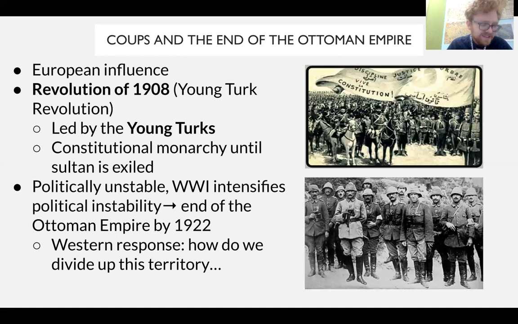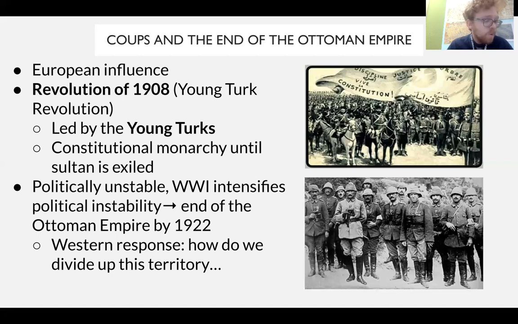The Sultan is still around, on paper, but the Sultan doesn't really have any power anymore. And the Ottoman sultans even go away because the Young Turks say, okay, you're trying to attack the newly formed republic we're trying to make, get out of here.